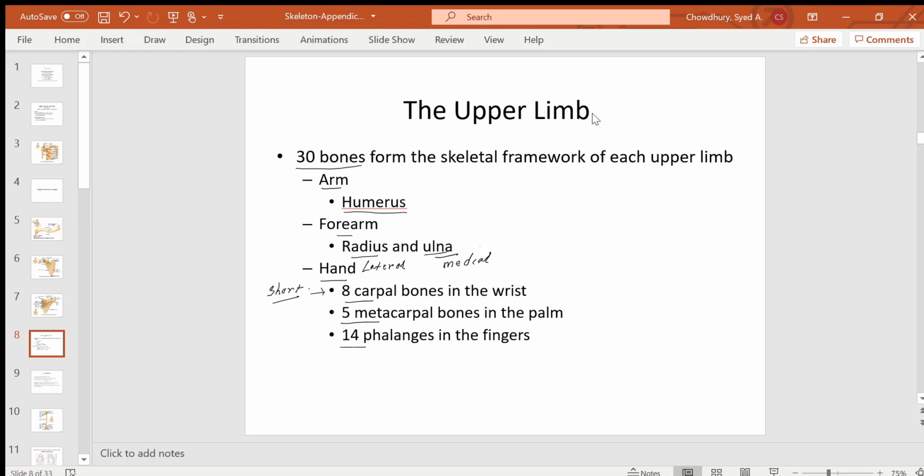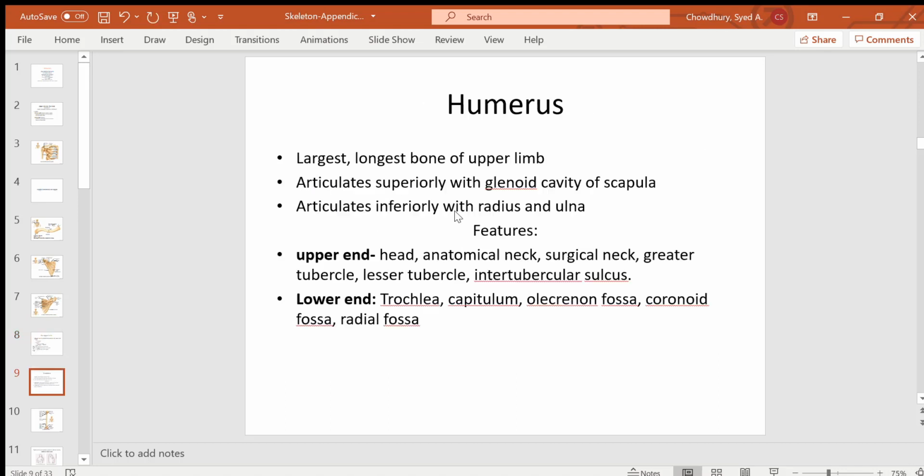Carpal bones are in your wrist. Okay, 5 metacarpals, those are in the palm of the hand, and phalanges are finger bones. Okay, so first we'll see the arm bone, which is the humerus.